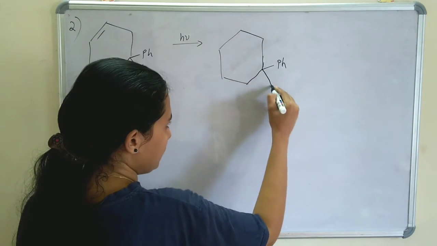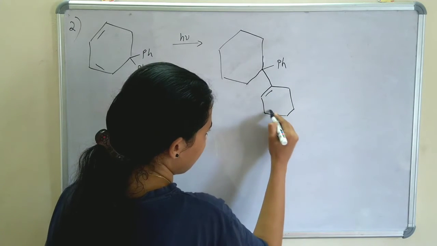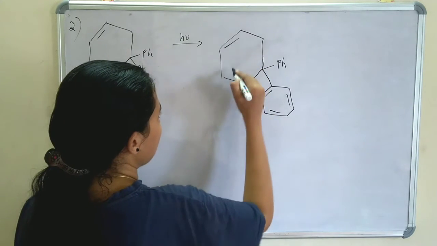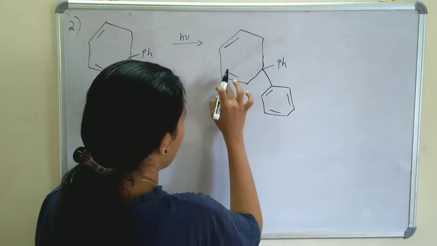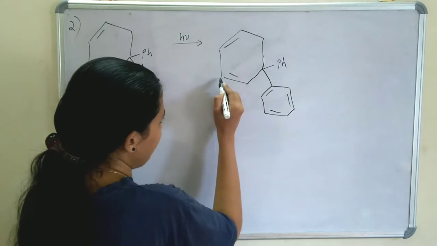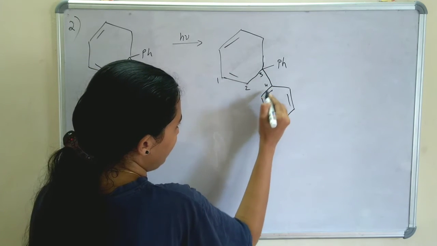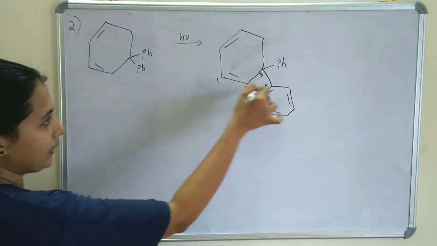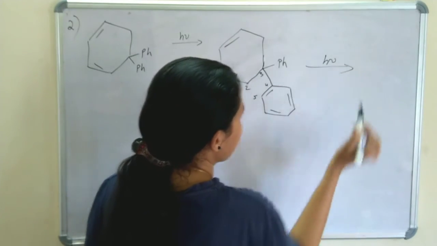So I am opening this phenyl ring, and here two double bonds. Now check for the 1,4-diene. This is not a 1,4-diene, so we will number from here. 1, 2, 3, 4, 5. Yes, a 1,4-diene is present. Now we have to do the homolytic cleavage.